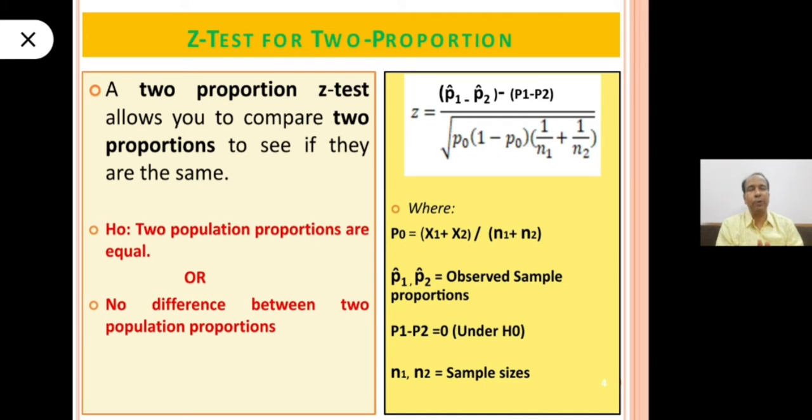So that is what the null hypothesis is, that the two population proportions are equal. That is, the null hypothesis is of no difference. Equality of two population proportions means no difference. Other ways the null hypothesis can be stated: no difference between two population proportions.